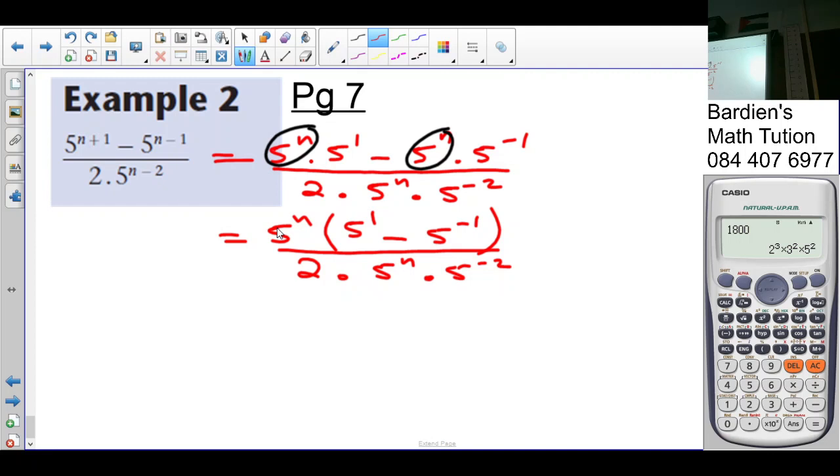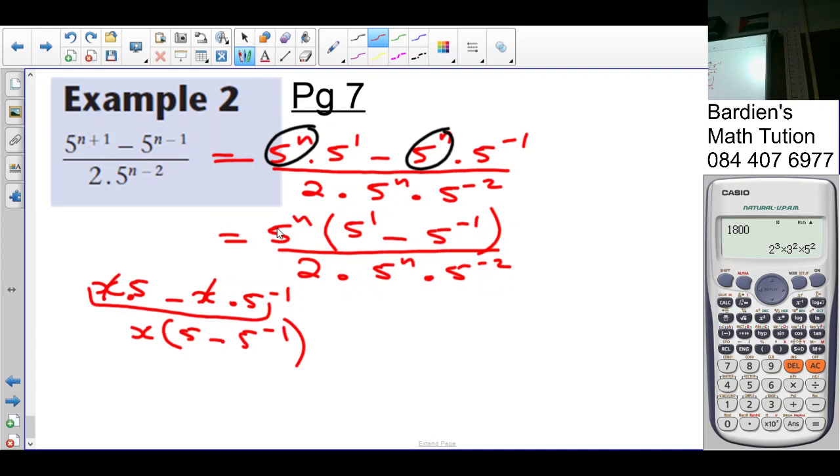Yes, Michael? So can you explain that factorize for the 5 to the n? You see, if you have x times 5 minus x times 5 to the minus 1, what is common here? X is common. Then what are we left with? 5 minus 5 to the minus 1.